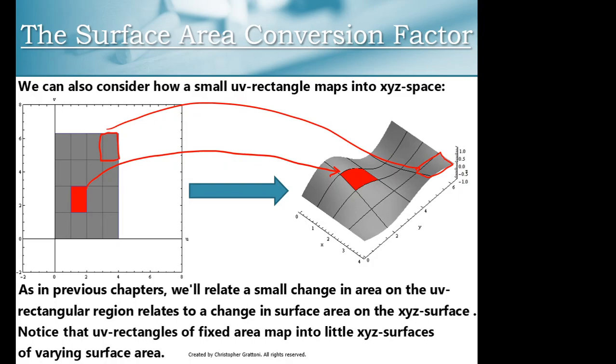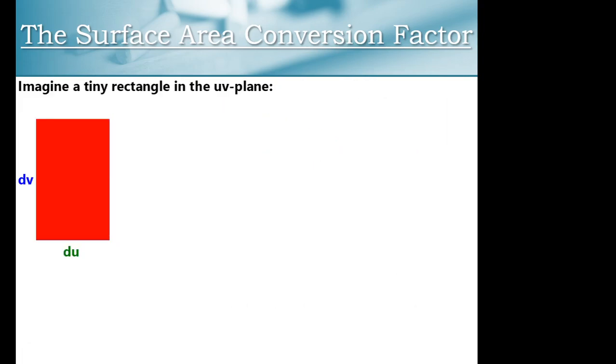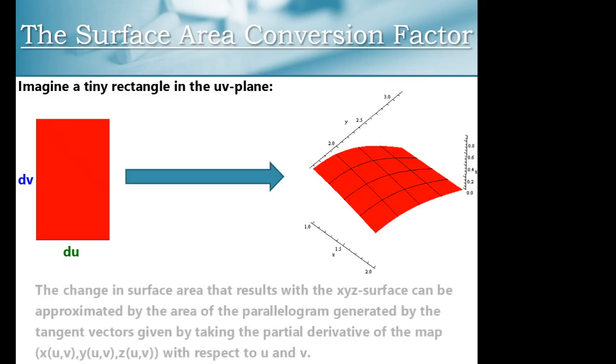All we need to do is think about how a small UV rectangle maps into XYZ space, and we can try to estimate that surface area using a parallelogram, just like we did in the past, and it works out pretty nicely. So I want you guys to imagine a tiny little rectangle in the UV plane. There it is. It's du on one side, dv on the other side.